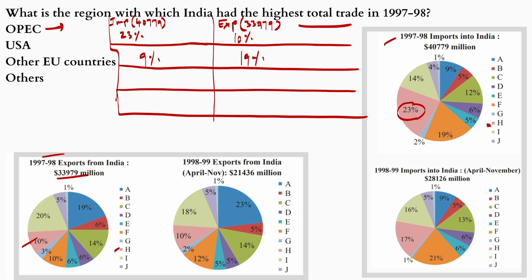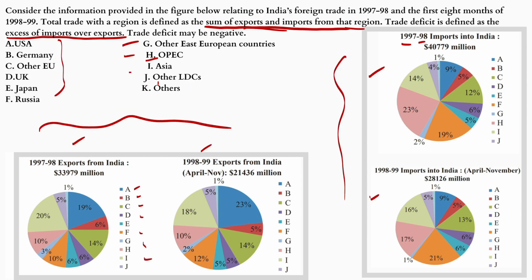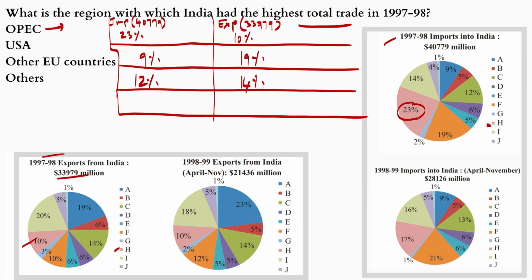What about other EU countries? Other EU countries, 12% is the import percentage and 14% is the export percentage. Others are represented with alphabet K. So the import percentage for others is this one.